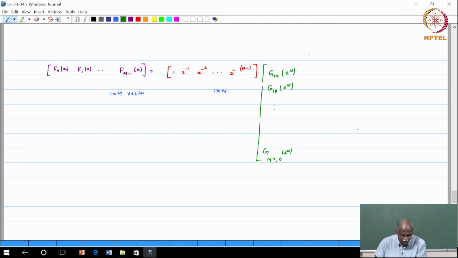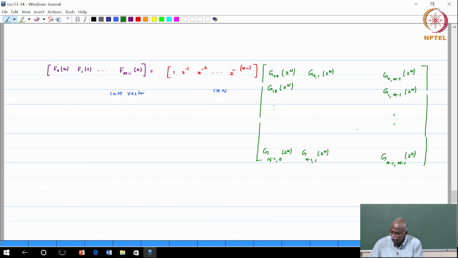The second, we will just write one more column and then we will finish with that. This will be g0 comma 1 of z power n all the way to g n minus 1 comma 1 of z power n, and the last column will be g0 comma m minus 1, that corresponds to f m minus 1, and the second term will be g of 1 comma m minus 1 z power n, and the last one will be g of n minus 1 comma m minus 1 z raised to the power n.